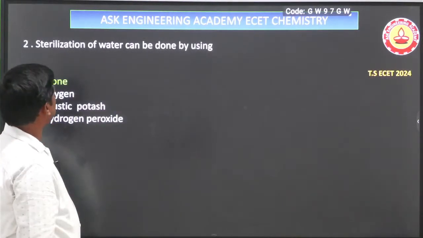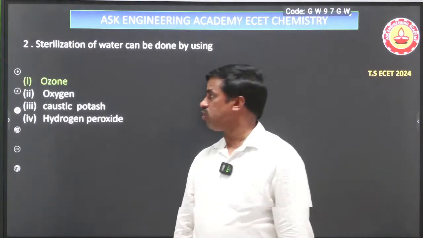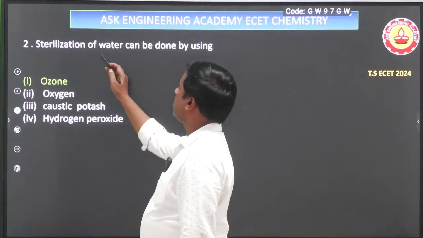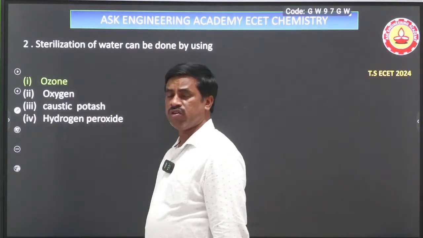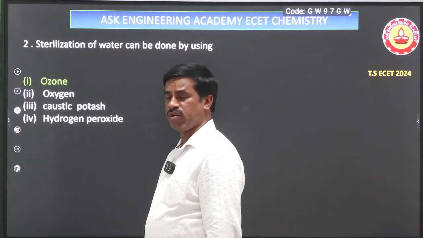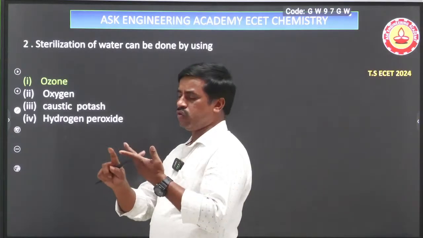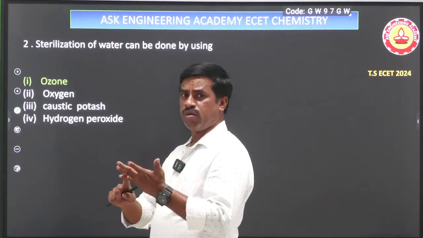Next, sterilization of water can be done by using which disinfectant? Ozone is also used for the purification of water, removing disease causing microorganisms. Bleaching powder is used, chlorine is used, ozone is used, chloramine is used, different compounds.